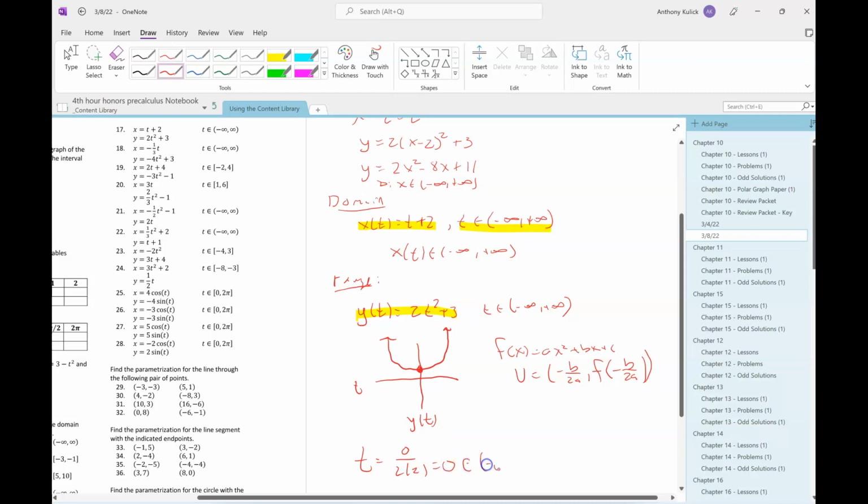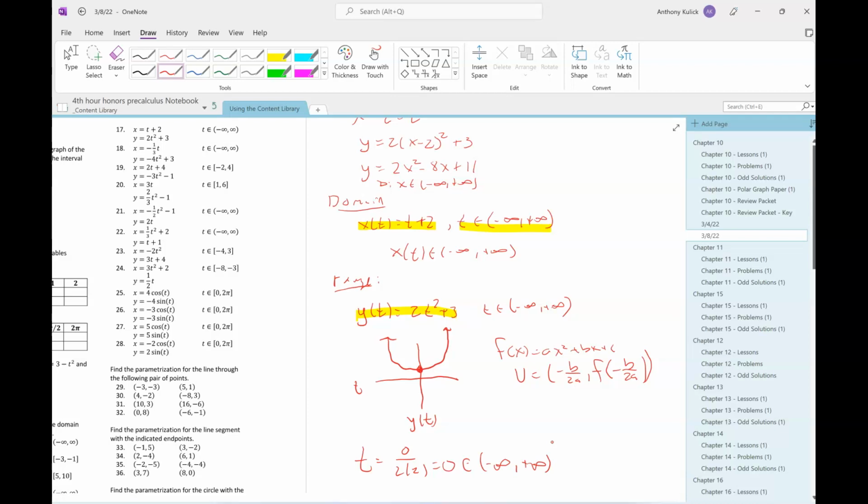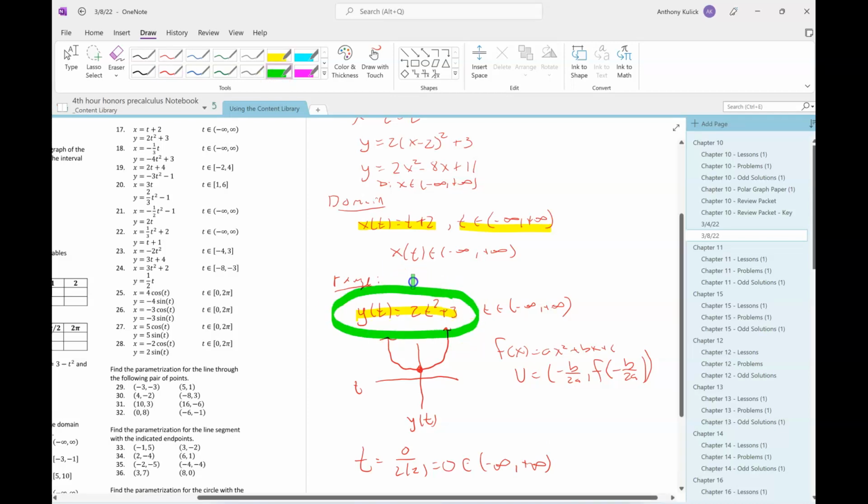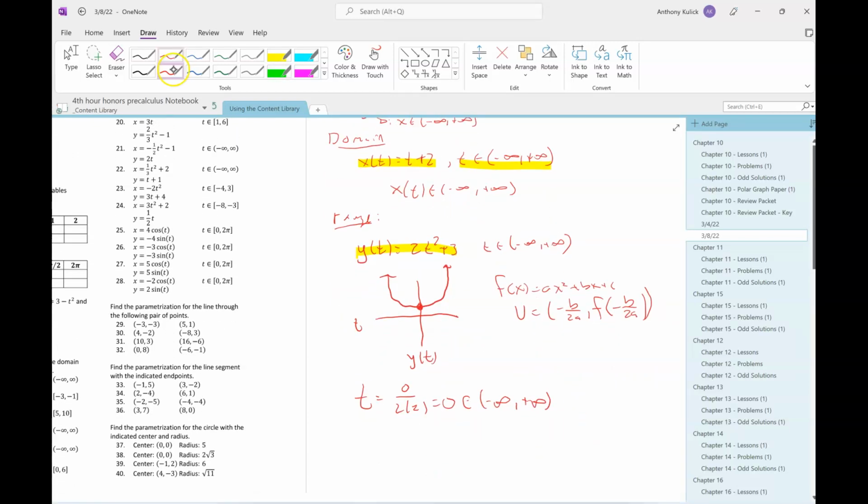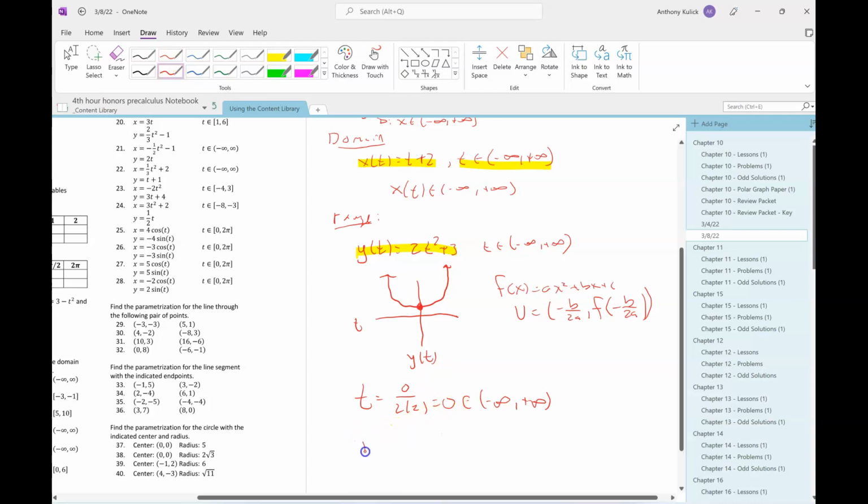And we care about it because 0 is inside of our interval. So you don't use the original Cartesian equation that you found, I use this guy, because that's what's giving me the y values. So if I do y of 0, that comes out to be 3. So we're going from 3 to positive infinity because our guy is pointing up.